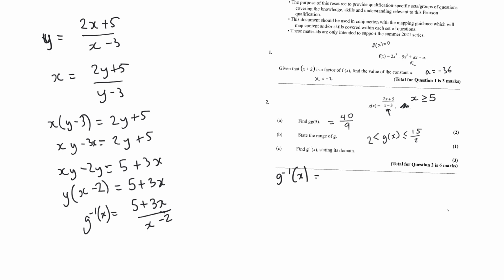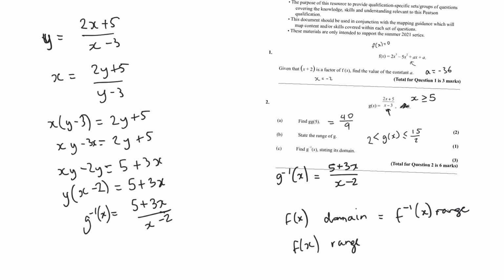So that's just one part. Then it wants you to state the domain. One thing I want you to remember is that the domain of a normal function is equal to the range of the inverse function, and the range of a function is equal to the domain of the inverse.